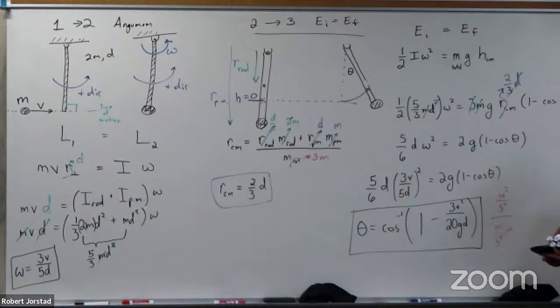So 3 times 1.9 squared divided by 20 divided by 9.8 and then divide by 1. Now I need to do 1 minus that answer, and then I need to do cosine inverse of that answer. And I got about 19 degrees. Did you get that?